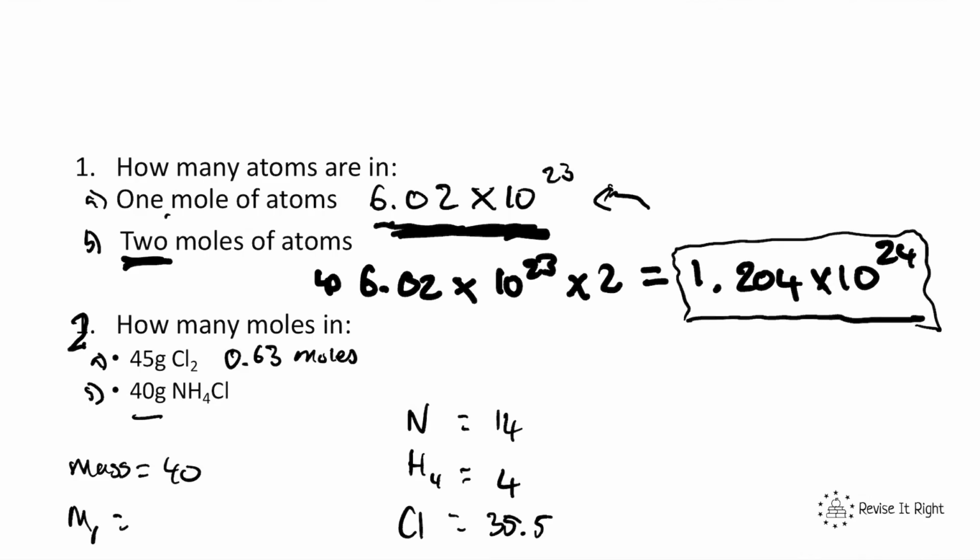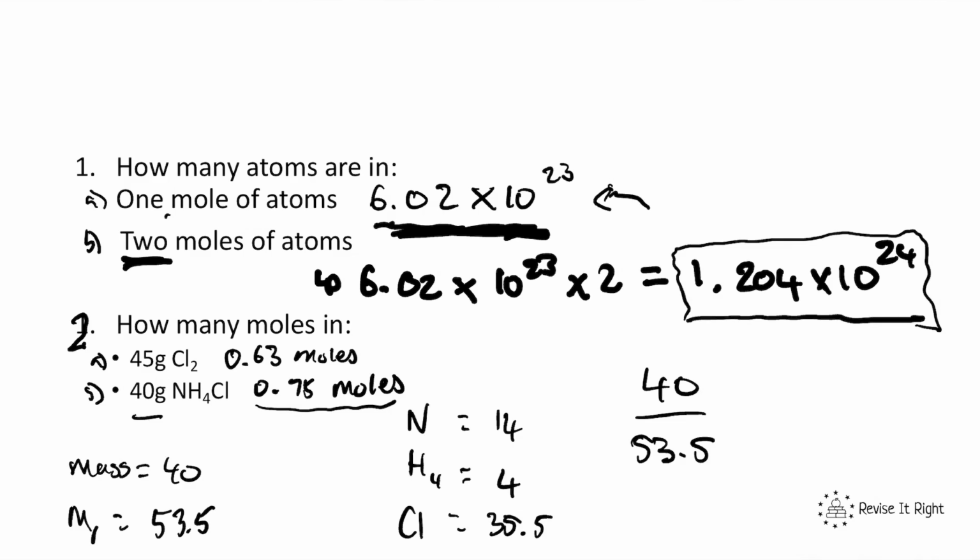So 14, add 4, add 35.5, and you should have got 53.5 for our MR. Then we can do the mass, which is 40, divided by the MR, which is 53.5. On the calculator, 40 divided by 53.5, and you should have got as your answer 0.75 moles. And that should have been your answer for that one there.